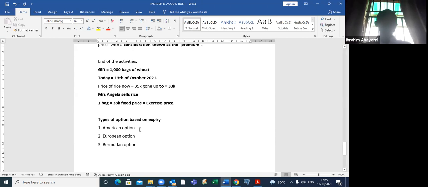So an American option is an option that the holder can exercise his right anytime between when the option contract is formulated until the expiration of the option contract. What do I mean by this?